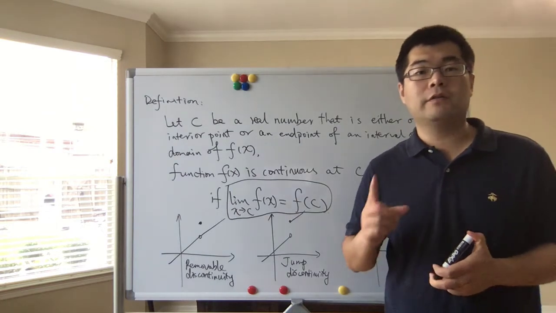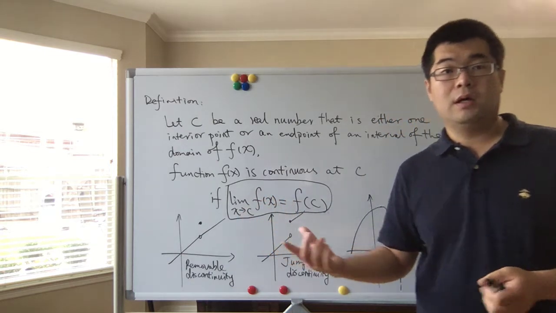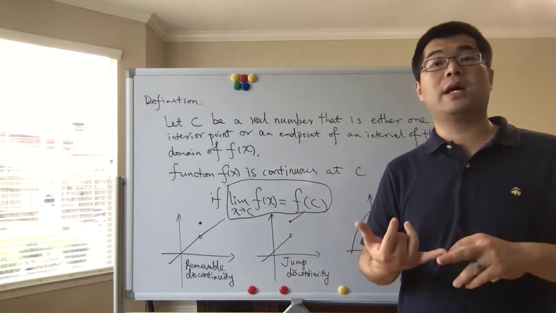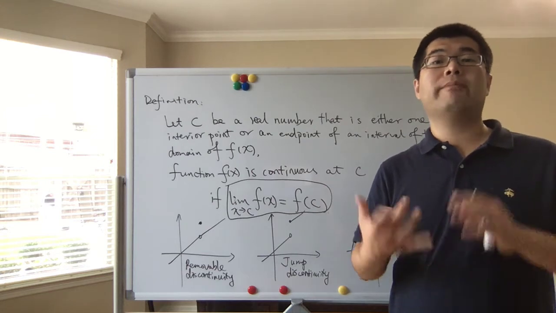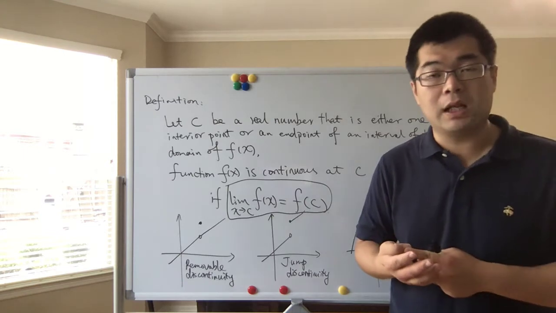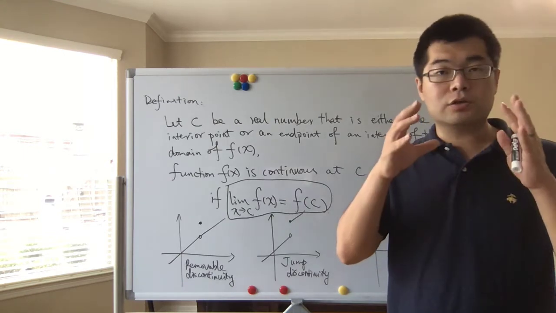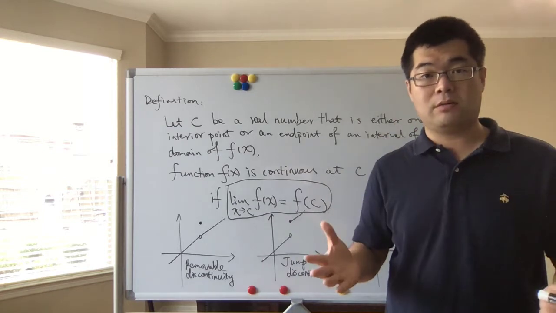First of all, on the left-hand side of this equation, the limit as x approaches c must exist. That means your left-side limit and right-side limit must both exist and equal the same number, capital L.